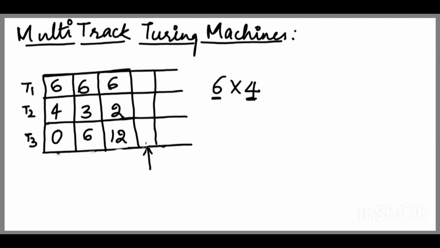Now T3 equals T3 plus T1, that is 6 plus 12, we have 18, and the T2 value is decremented by 1, that is 2 minus 1, which gives us 1. We read these values and move forward in the right direction.